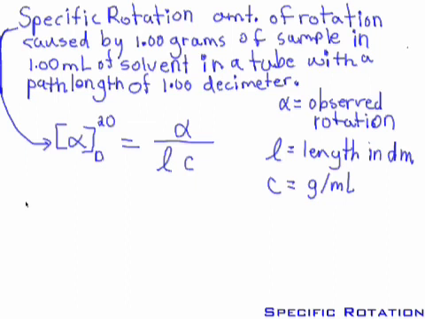In other words, for a single enantiomer, the specific rotation is a constant and never changes. Okay, so specific rotation is a constant for an enantiomer.